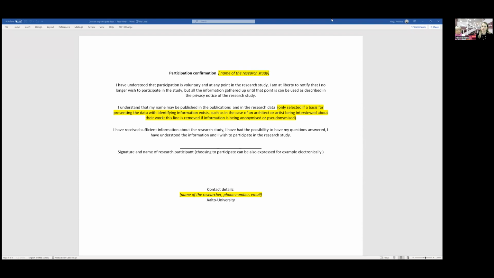This is the ethical consent required by research ethics to make sure that the participation is voluntary, and it's informed consent, that the participant has been given enough information so that he can truly choose to participate or not, and understand what the participation means.